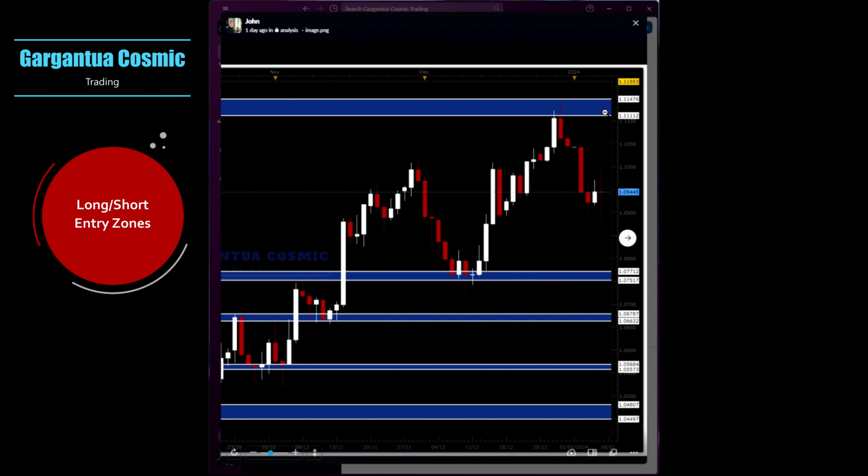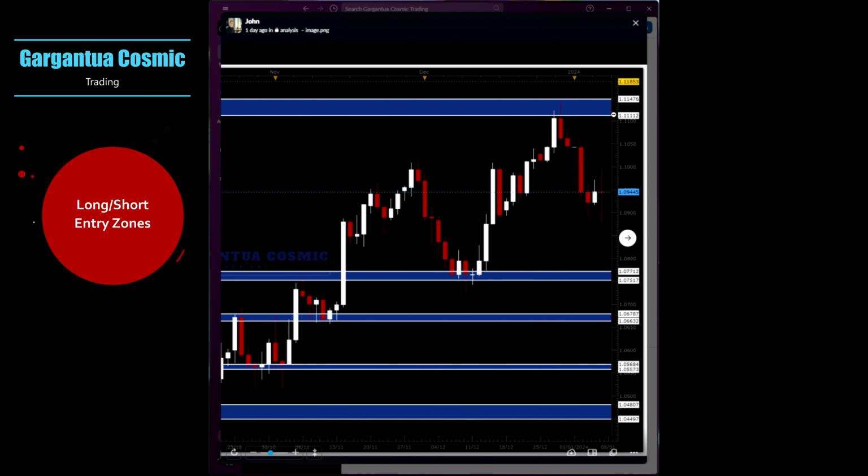The target, which will be a swing target, is the long entry zone below the current price, which is at 1.0751 to 1.0771. However, since we don't know if the pair will come all the way down here, our goal is to take some profit at a distance equal to the size of this short entry zone.